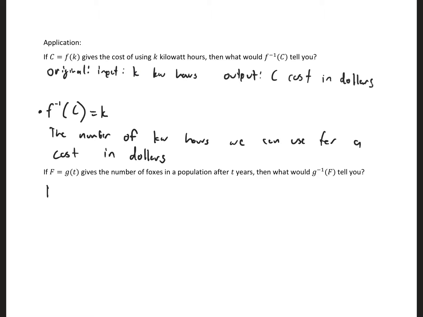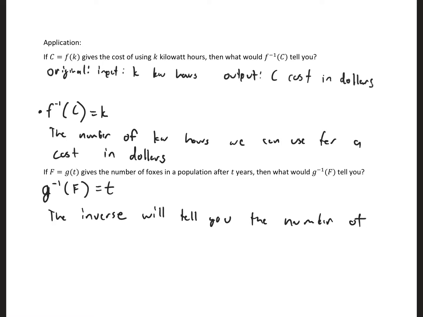That means G inverse of F is going to give us a T. That is to say, the inverse will tell you the number of years it has been for a certain number of foxes.